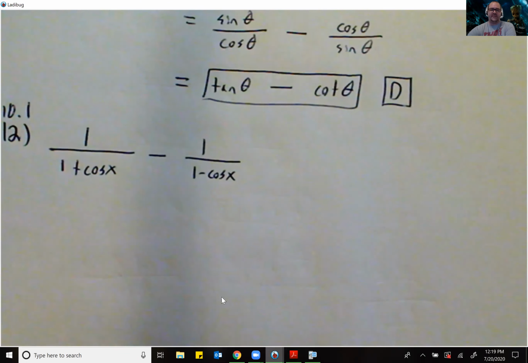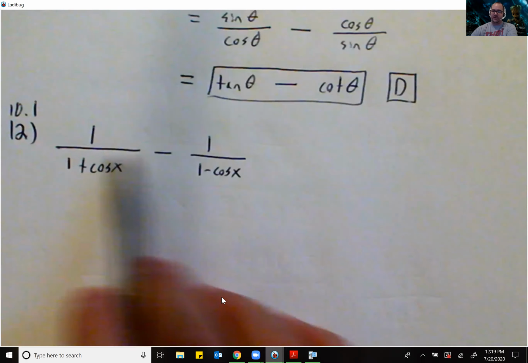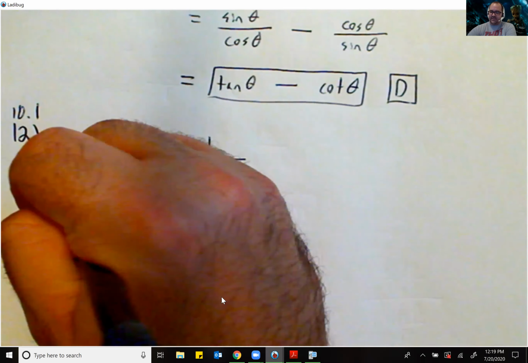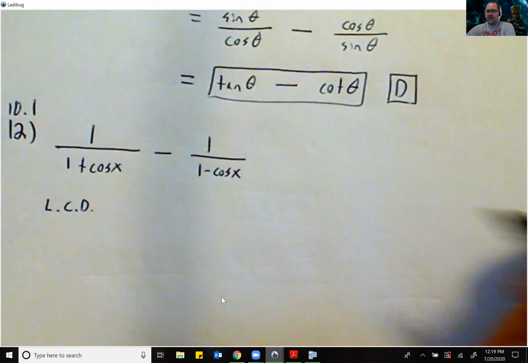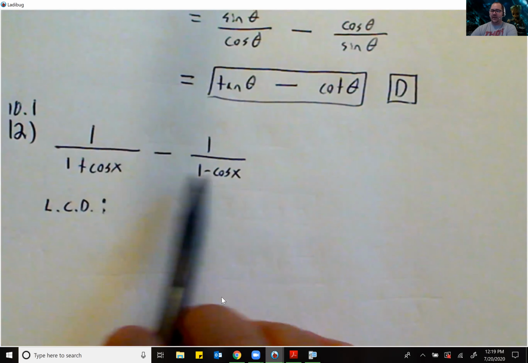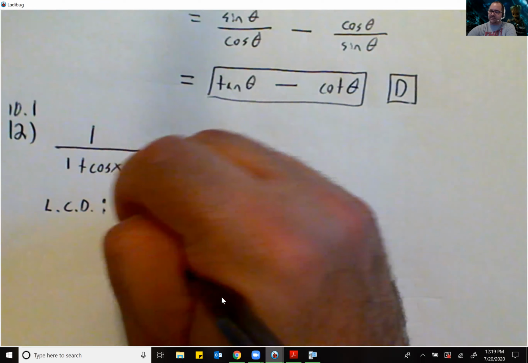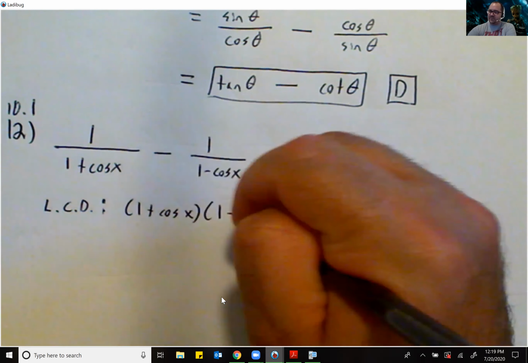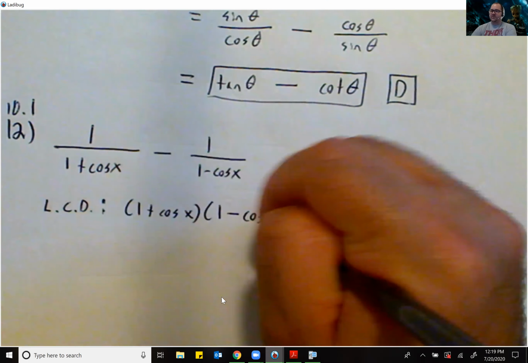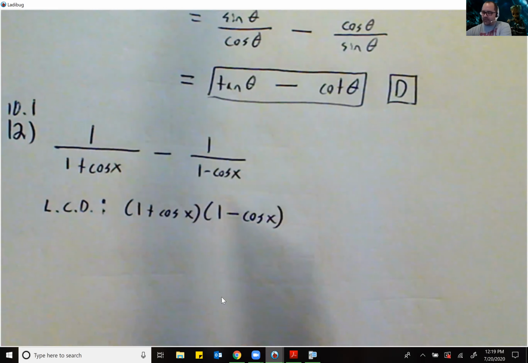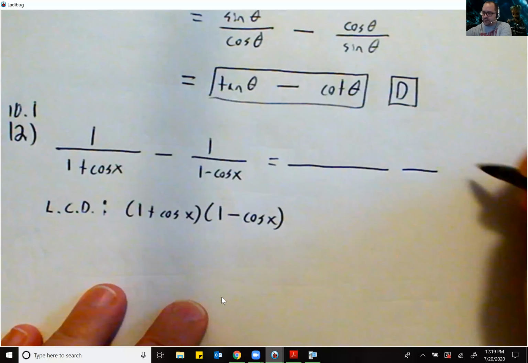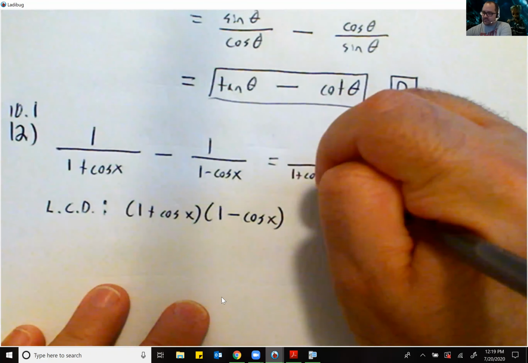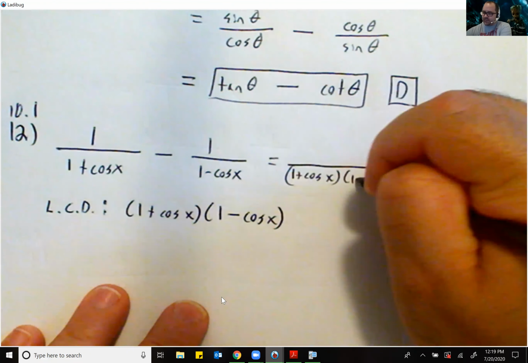So what they want us to do is add, or well, subtract these two together. So in order to do that, you need to know what the LCD is, the least common denominator. And the least common denominator is actually going to be made up of both of these, 1 plus cosine x and 1 minus cosine x. So we need this to be the new denominator of my two fractions: 1 plus cosine x, 1 minus cosine x.